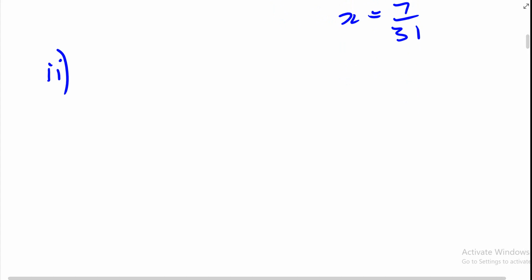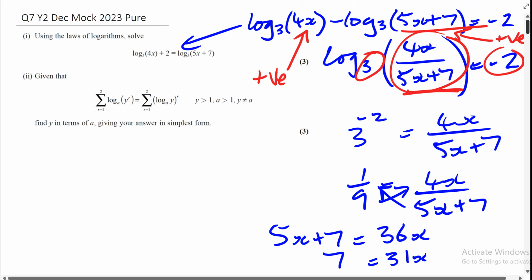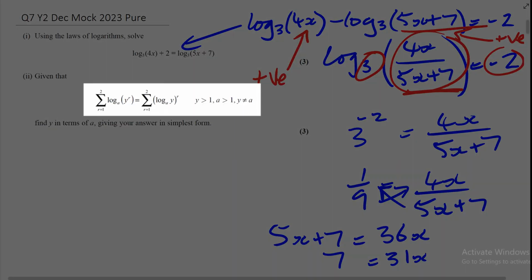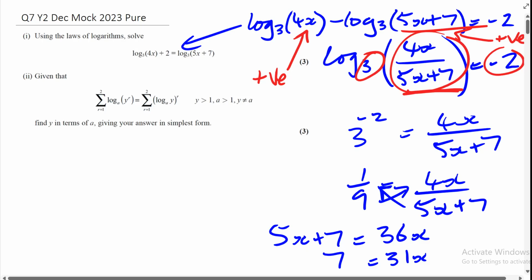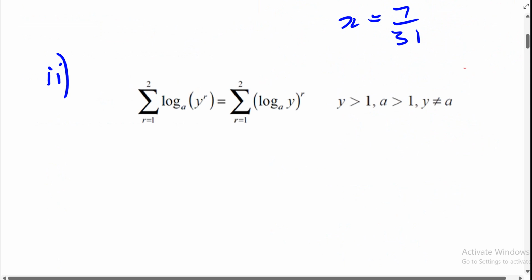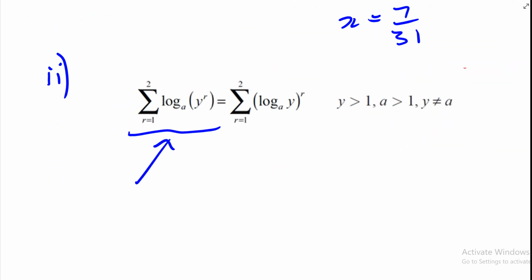So let's go have a look at this again. So this on the left hand side doesn't look too much different from the right hand side. Let's just put it down here. Okay, so this is the same as if we just put the terms in.